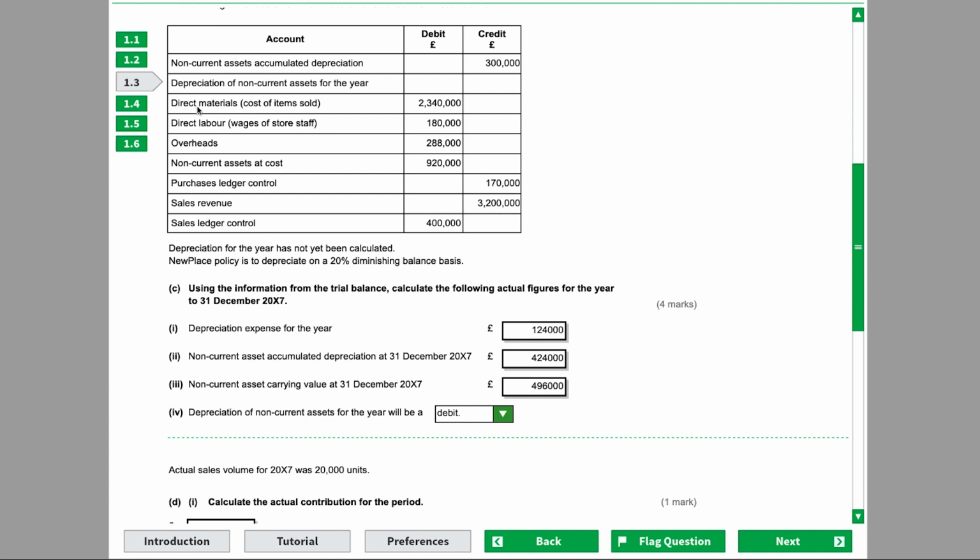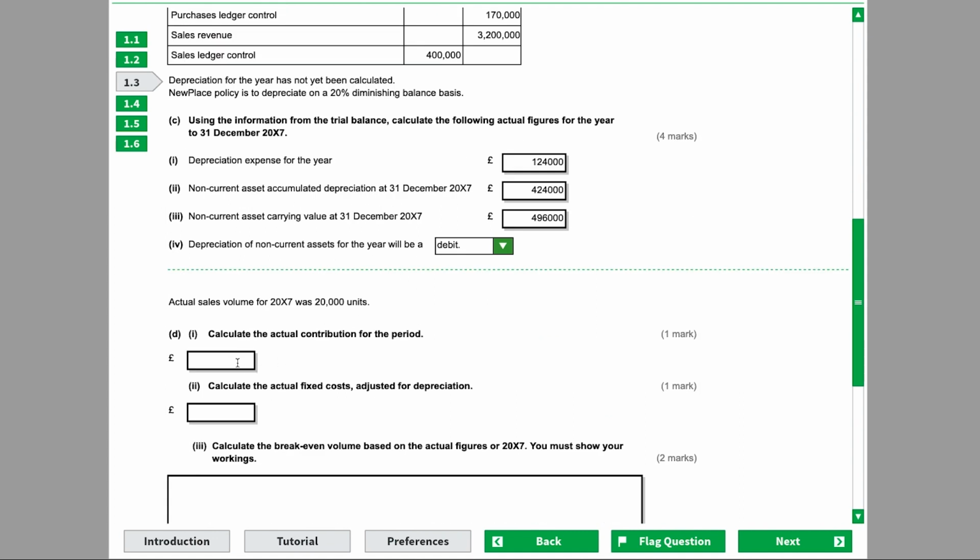And here we have direct materials and direct labour. Therefore, to calculate the contribution, we would do the 3.2 million minus off the direct materials minus the direct labour. And that gives us a contribution of £680,000. We then want to work out the actual fixed costs.